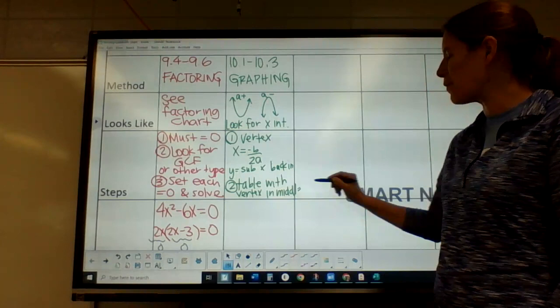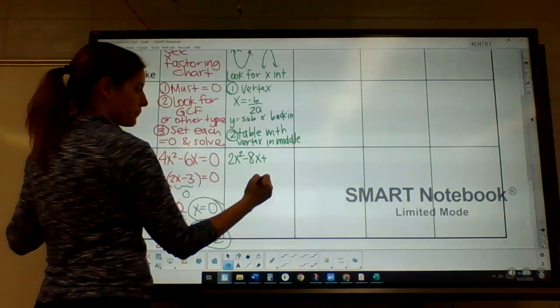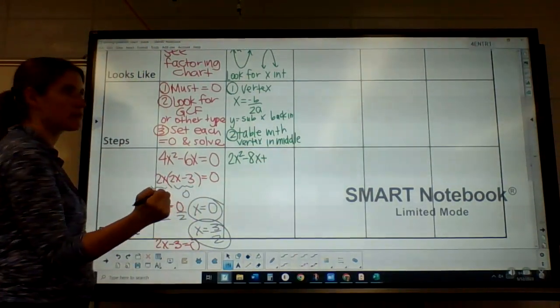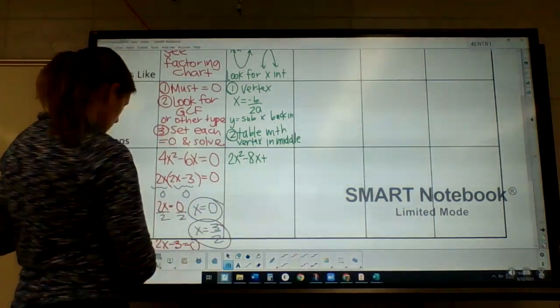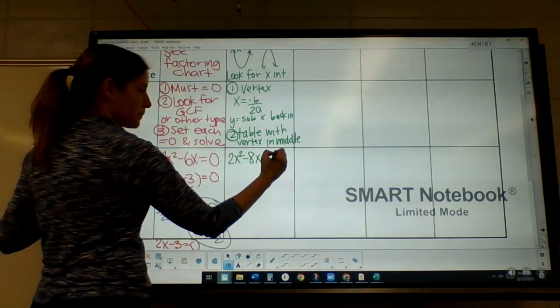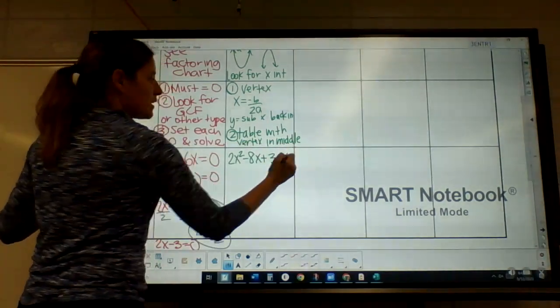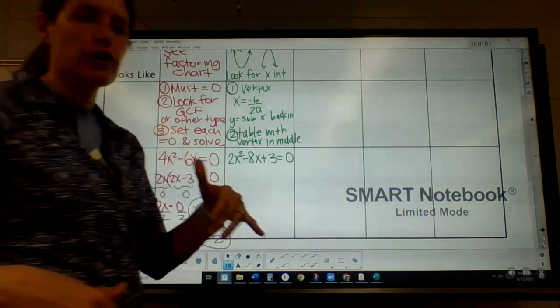So this is our equation. We're not actually going to solve this one, but we're looking to see where it crosses the axis. We're going to find our vertex.